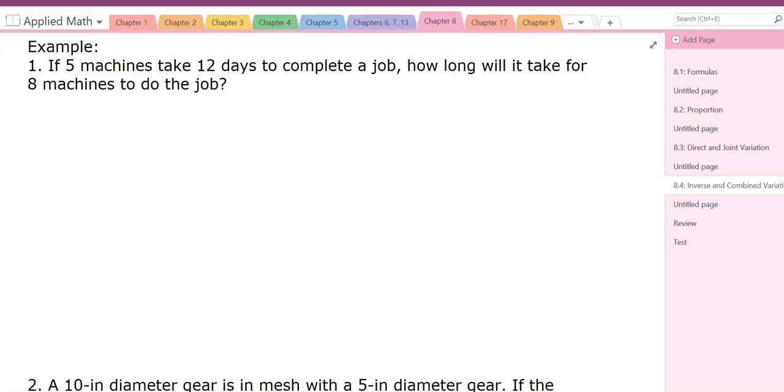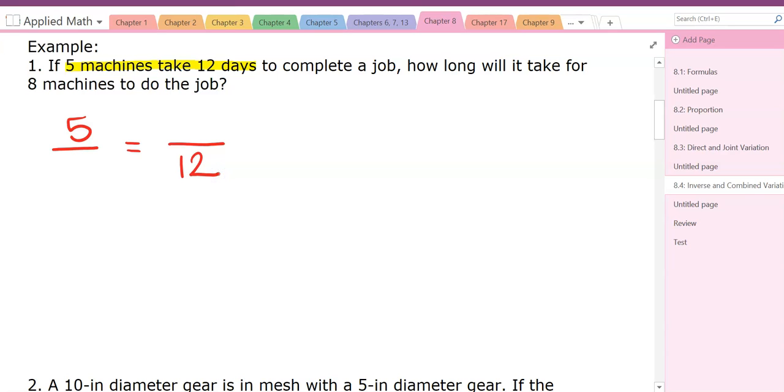So it would be wise to just set up your fractions with an equal sign in the middle. And the first piece of information says it takes 5 machines 12 days. So I would put 5 either on the top or on the bottom, and then put your 12 days on the bottom of the second fraction so that they almost already cross each other. So like that.